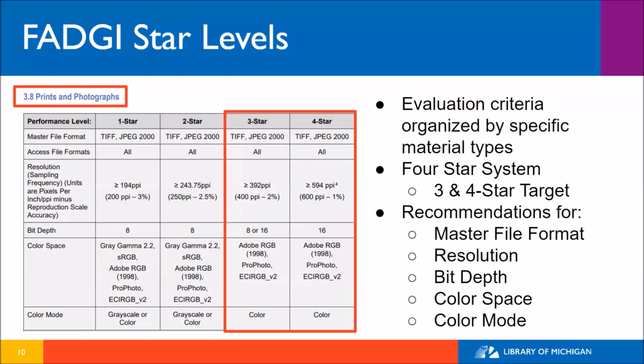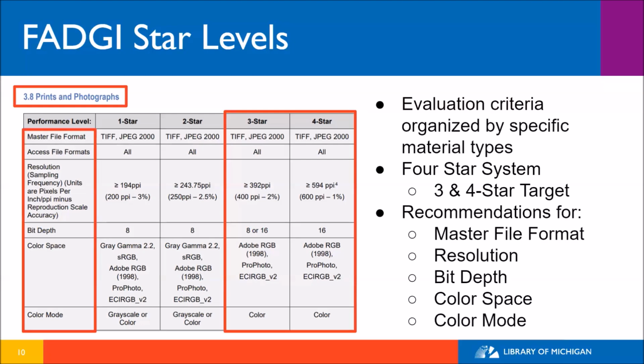Now, the target that we're aiming for is a 3 or 4-star level. A digital object star rating is determined by meeting FADGI evaluation parameters through image analysis. We're not going to go into benchmarking and analysis in this webinar today, but it is important to assess your equipment and ensure that your targets are being hit.